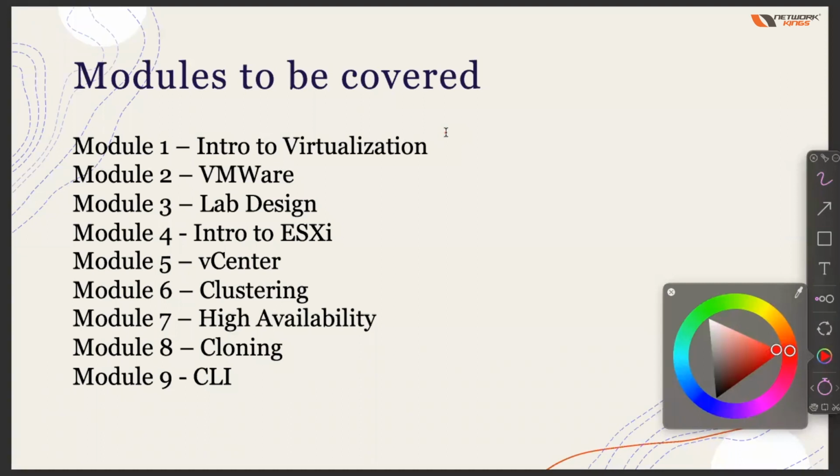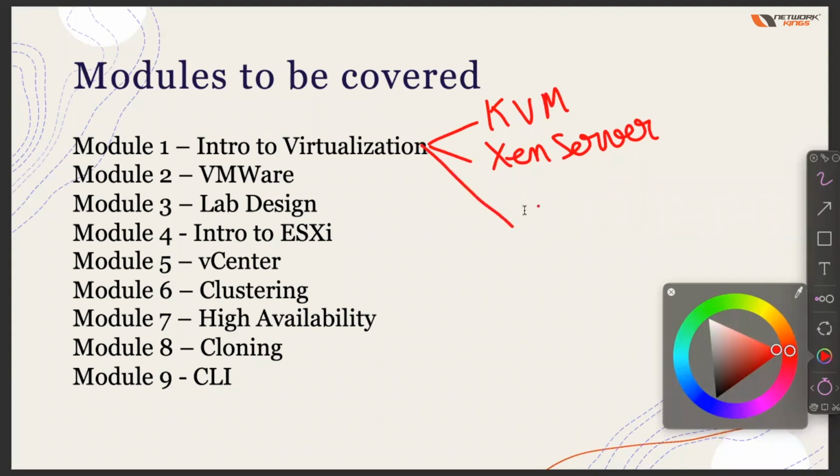And that is how you are able to use it. Along with Hyper-V, we have different T1 hypervisors like KVM, Xen Server, and VMware's own ESXi, Elastic Sky Integrated. Okay, so this is what we have to study in the first module.